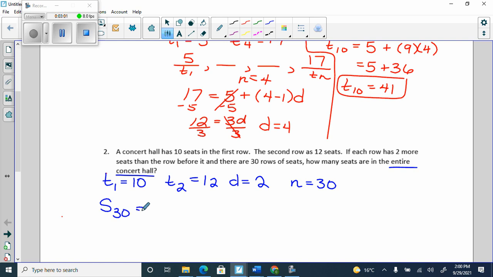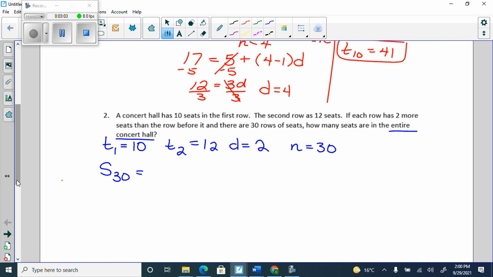And this is arithmetic. So I have to either choose from the first sum or the second sum. What is non-negotiable in arithmetic series is you have to have T1 and you have to have n. What's great about this one is I have T1 and I have n. If I'm missing n, remember with arithmetic series, I have to go back to Tn and find n first, then I can do the arithmetic series, right?